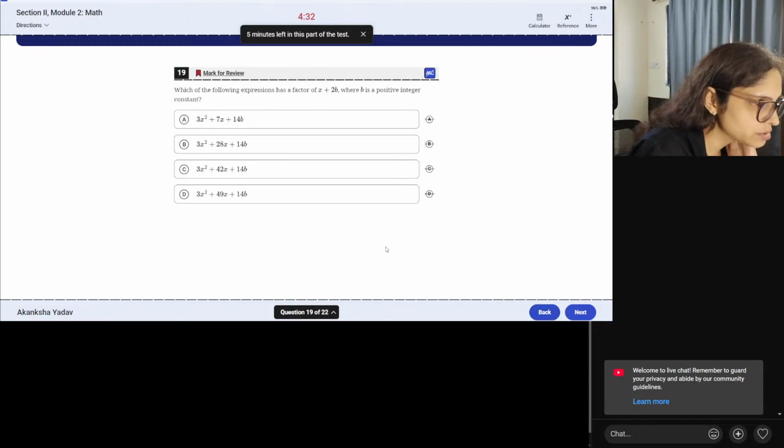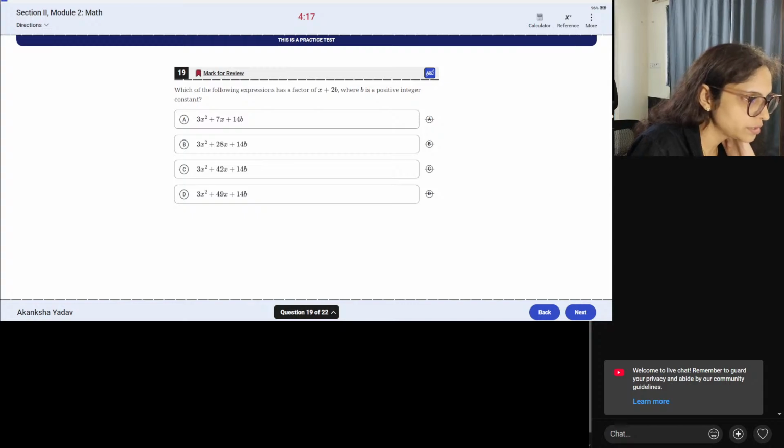19th, x plus 2b has a factor of x plus 2b. It should be 3x plus a, because you are having 3x squared in every single one of them, plus ax plus 6bx plus 2ab.